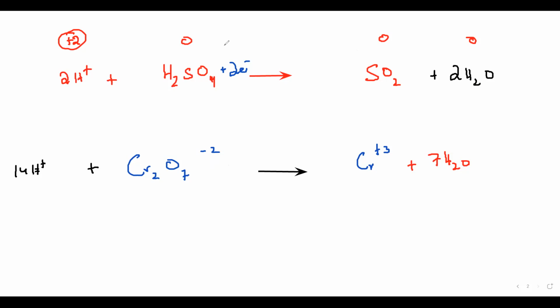And then first balance the other element and add only electrons last. So chromium is 2, we should put 2, chromium is balanced. Now about the charge, when you check the total charge, this is plus 14. This whole molecule is -2. So total charge here is plus 12.